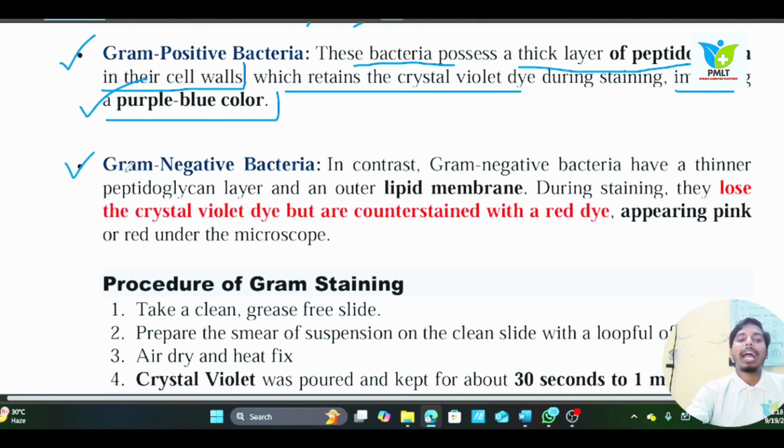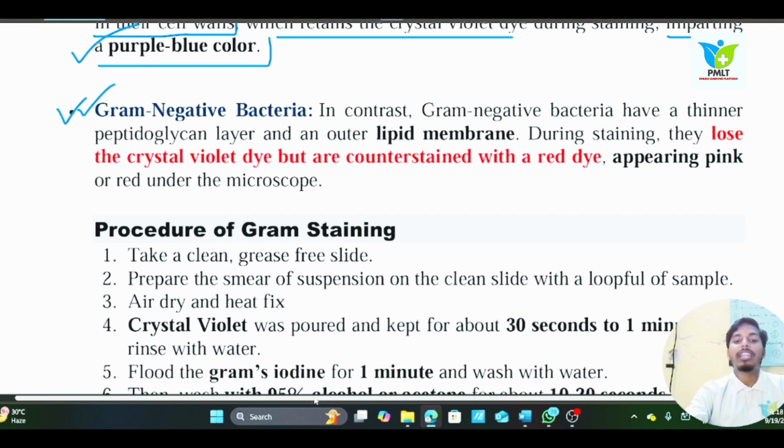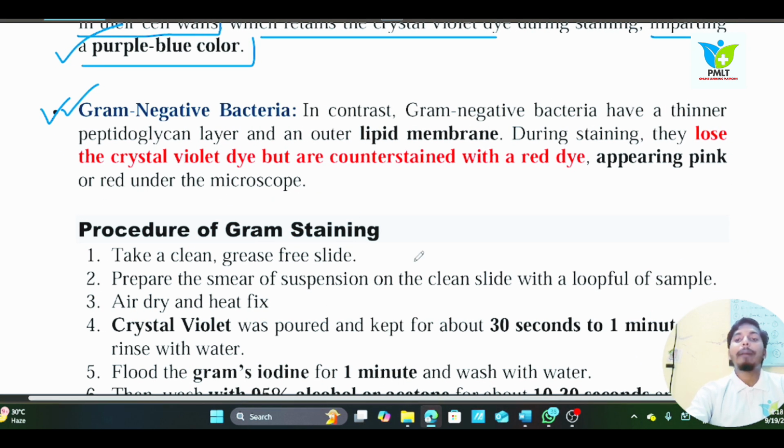After that, when we come to the gram negative bacteria, it's also very important to understand that they have a thinner peptidoglycan layer. Getting my point? They have the outer lipid membrane, or lipopolysaccharide, present. Because their peptidoglycan is thinner, they lose the crystal violet dye.